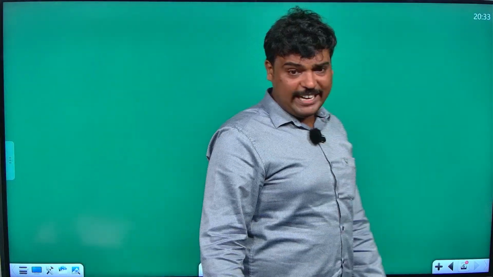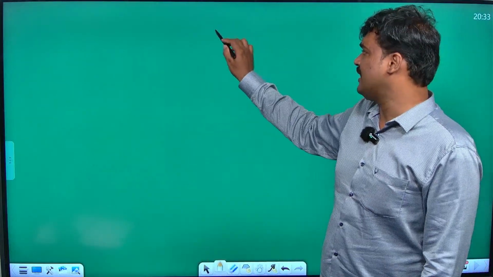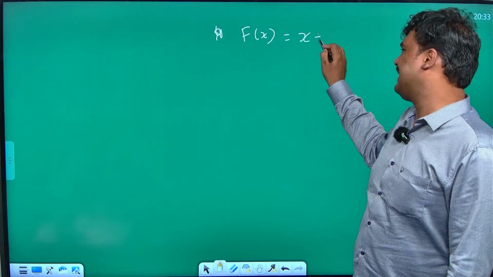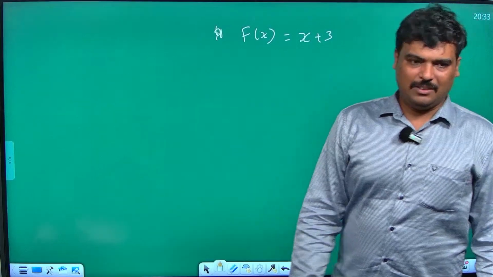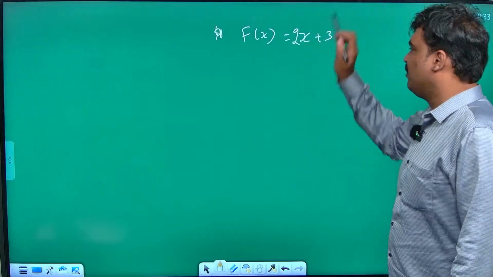Sir, how to check whether the function is onto or not? Okay, I'll show you one more function. f of x is equal to 2x plus 3.